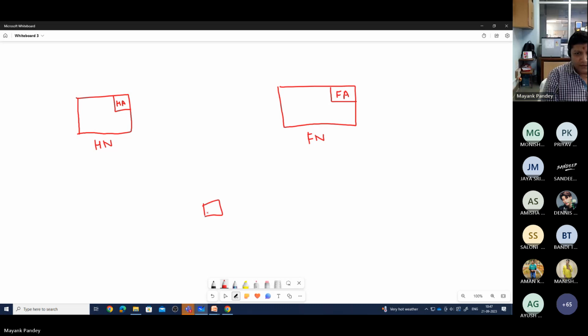There is a correspondent node. There is a mobile node of this network, which currently is in the foreign network. The mobile node has moved from its home network to the foreign network. Right now, here is the mobile node.